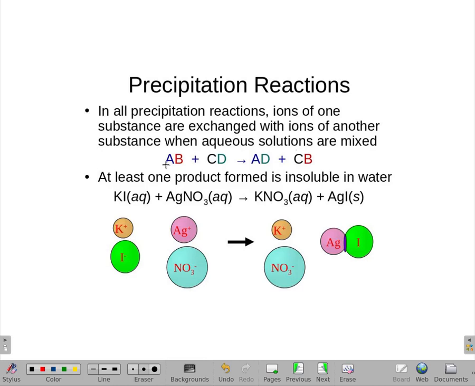What they're saying is we have cation A and cation C, and then anion B and anion D, and we're swapping. Then A ends up with D, B ends up with C. That's what they're showing here. They're swapping back and forth. That double replacement is just what could happen. Now, down here we have an actual example.